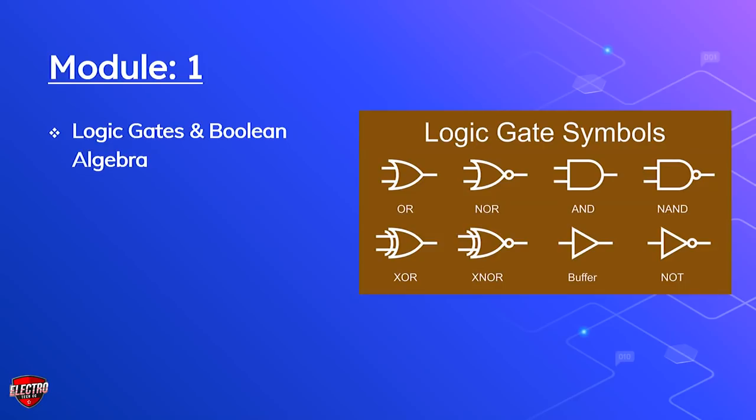It is an electronic circuit having one or more inputs and only one output. The relation between the input and the output is based on a certain logic. Based on this, logic gates are named as AND gate, OR gate, or NOT gate, etc.